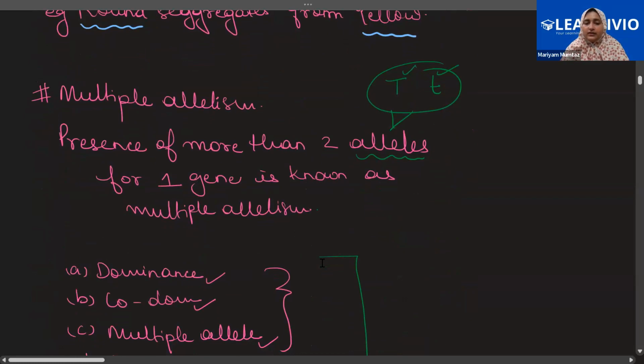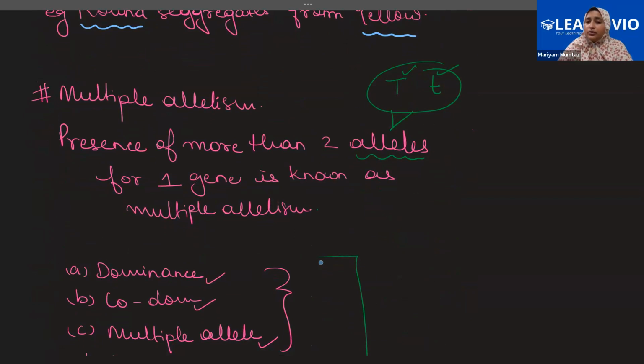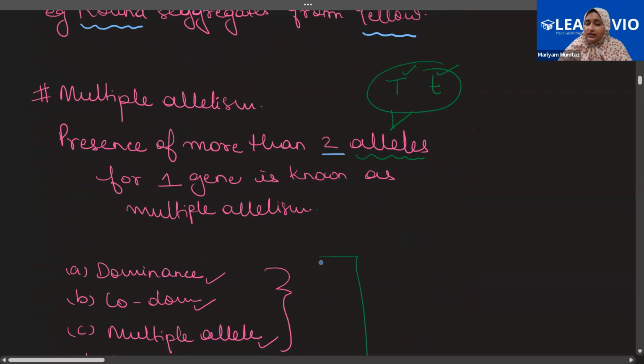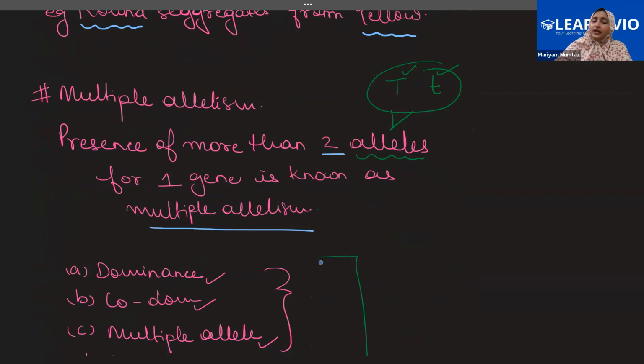Now talking about another factor, that is multiple allelism. When there is the presence of more than two alleles for one gene, that we call multiple allelism. For example, for our gene for height, we have only two alleles: a tall allele and a dwarf allele.